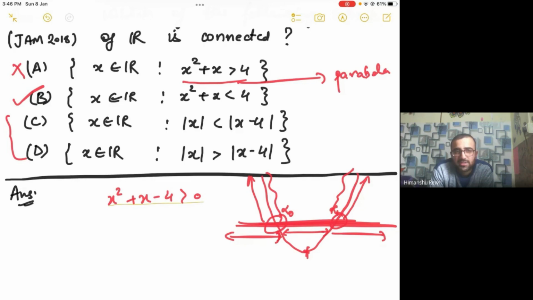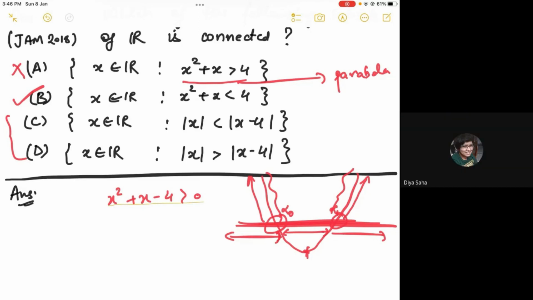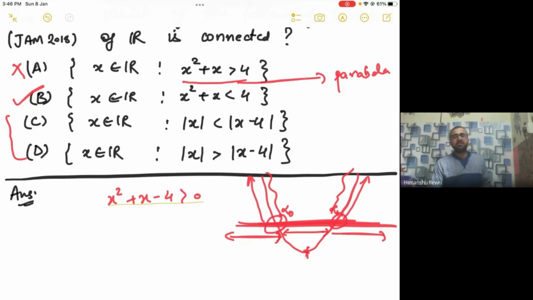Yes, what about others? Option C and D. True, sir, but we can use the graphical method also here. We can draw the graph of mod x and mod x minus 4 and compare. Yes, so you can also do it this way.